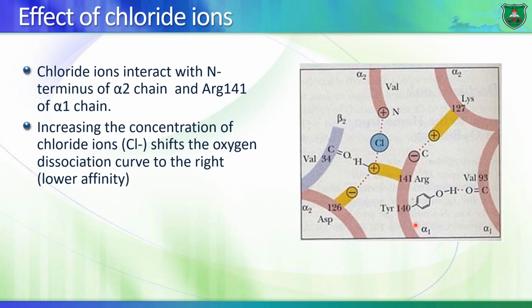Now remember that the alpha-1 chains are composed of 141 amino acid residues. So that increases the number of electrostatic interactions within the hemoglobin molecule, and that would stabilize the T structure of hemoglobin, lowering the affinity towards oxygen. So in tissues, oxygen is again released, and the opposite takes place in lungs.